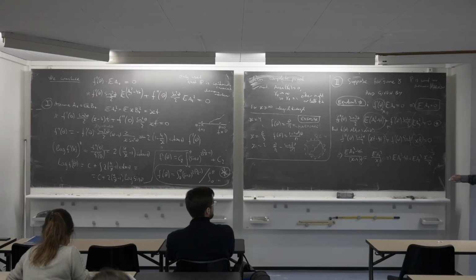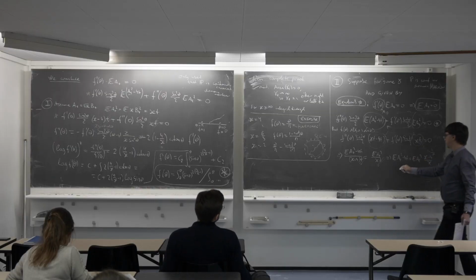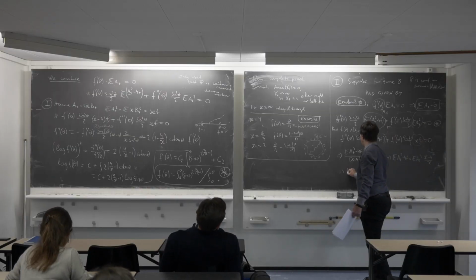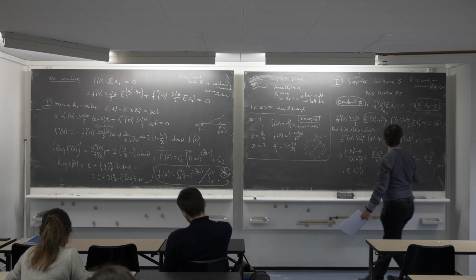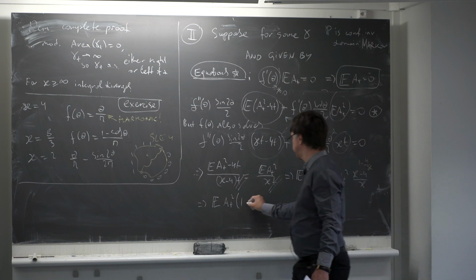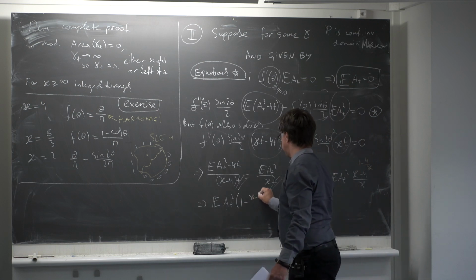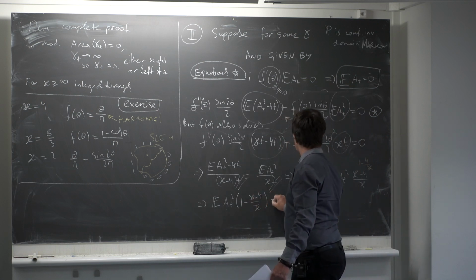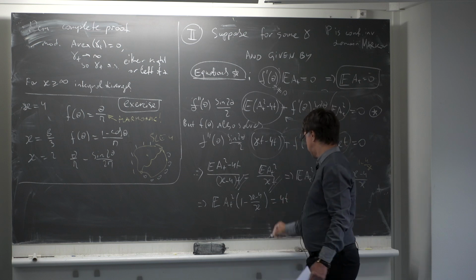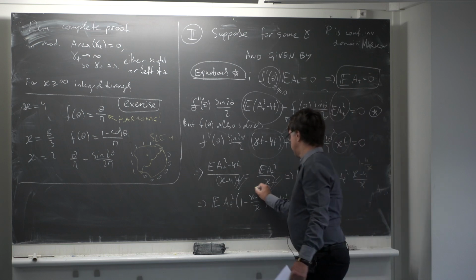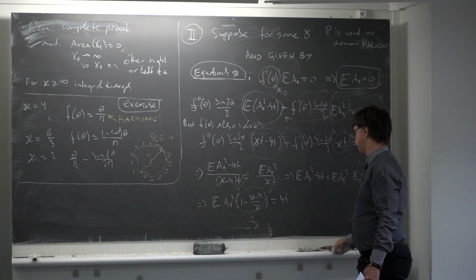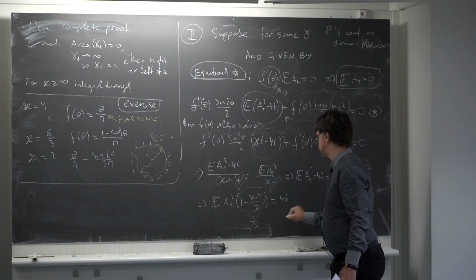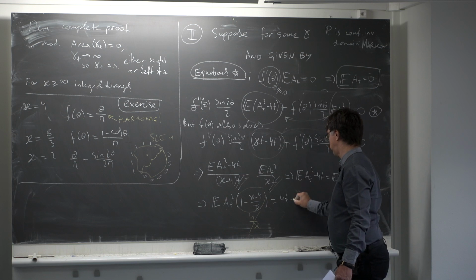Okay, so when we move it to the other side, we get expectation of a_t squared. We had 1 on the left, we have this on the right, minus kappa minus 4 over kappa is equal to 4t. Now, this guy is 4 over kappa, so we just multiply by kappa over 4.